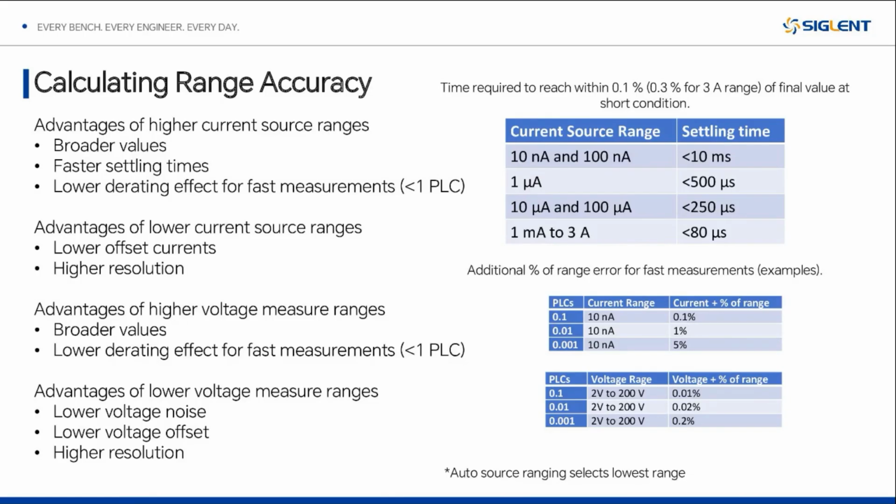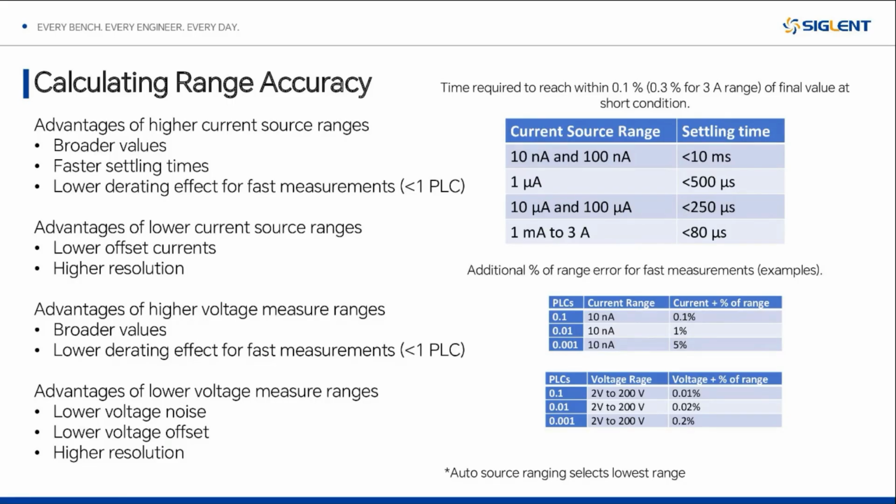As you tighten your voltage measure range, you tend to get lower noise as well. So it's a combination of thinking about your noise requirements, the speed you want to use in this measurement, how quickly you need it to settle, and what values you really want to use to source and measure these devices.